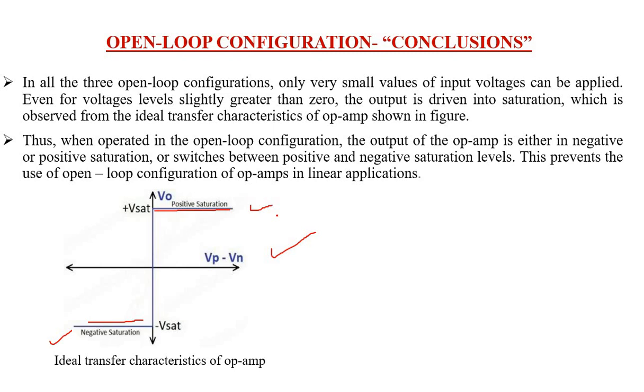This prevents the use of open loop configuration of the operational amplifier in linear applications. So guys, we cannot use the open loop configuration in linear applications. So we generally use the practical operational amplifier.